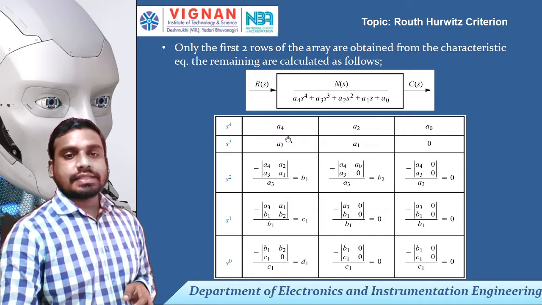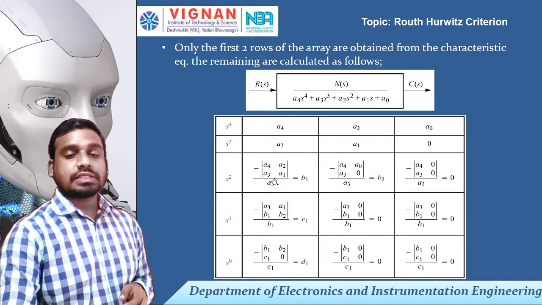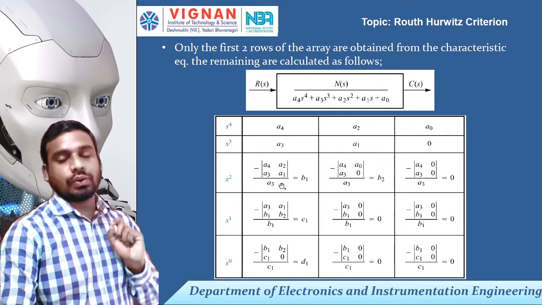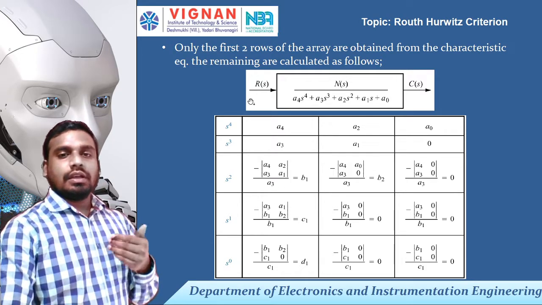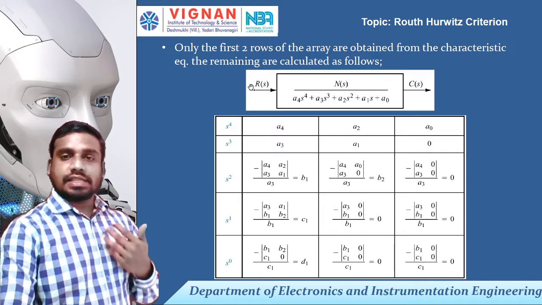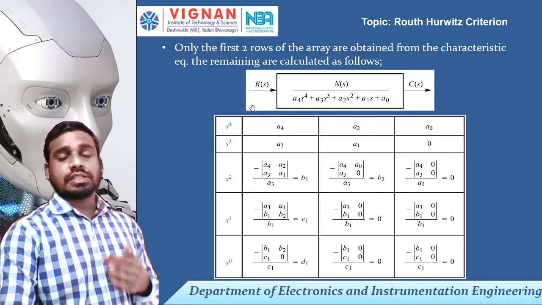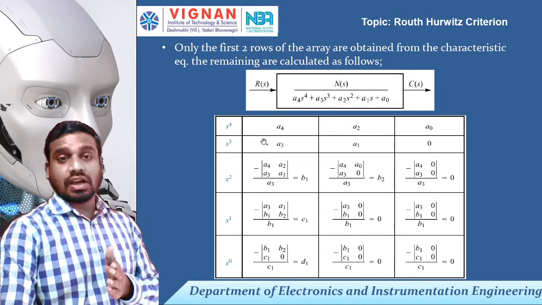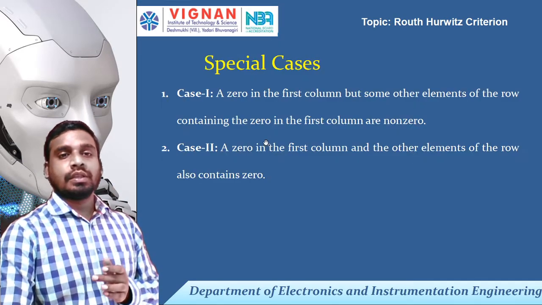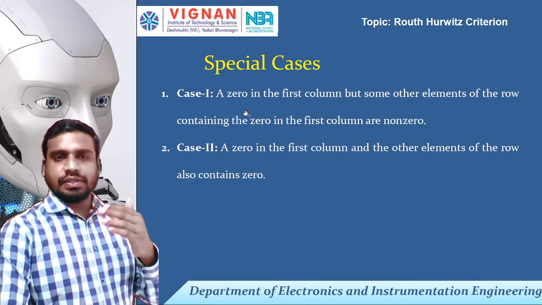We need to check the signs of the first column. First column signs you have to check. So let us start with an example, then it will be easy for you. Then we can estimate the stability based on the first column of the Routh table. These cases we'll check.